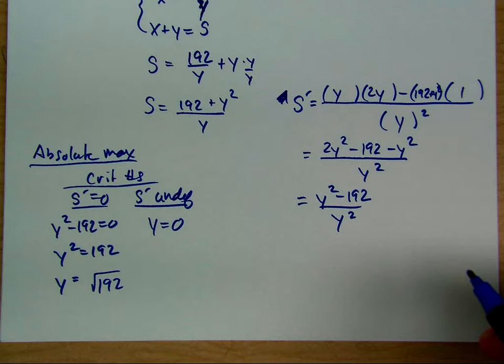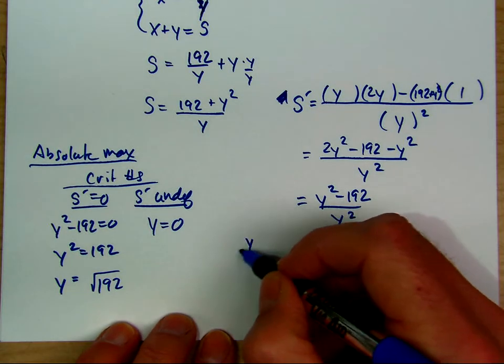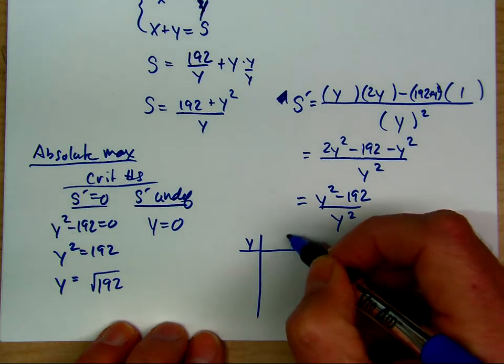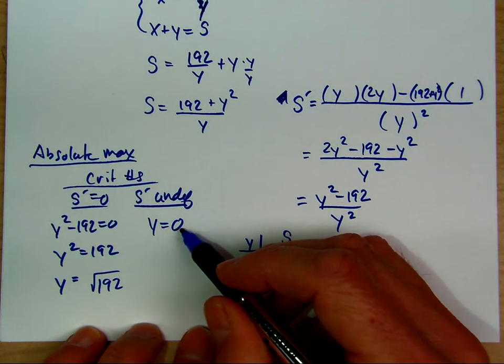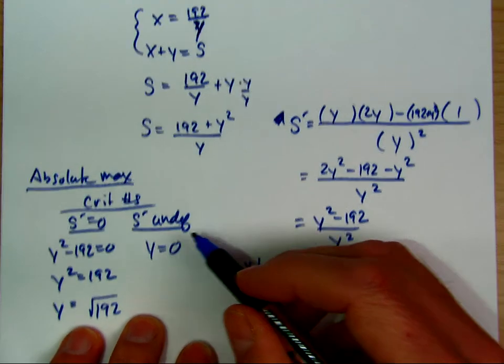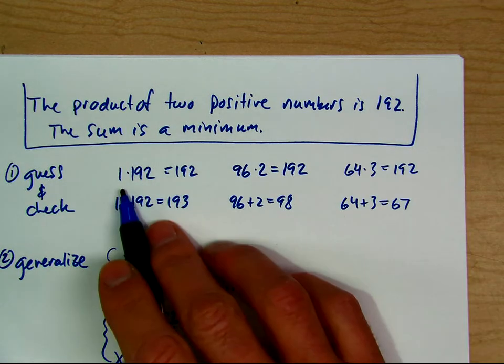And let's check the endpoints and the sum. We want to find the minimum sum. We can't use 0 because if you use a 0, you wouldn't have a product of 192, so that's why it's undefined.